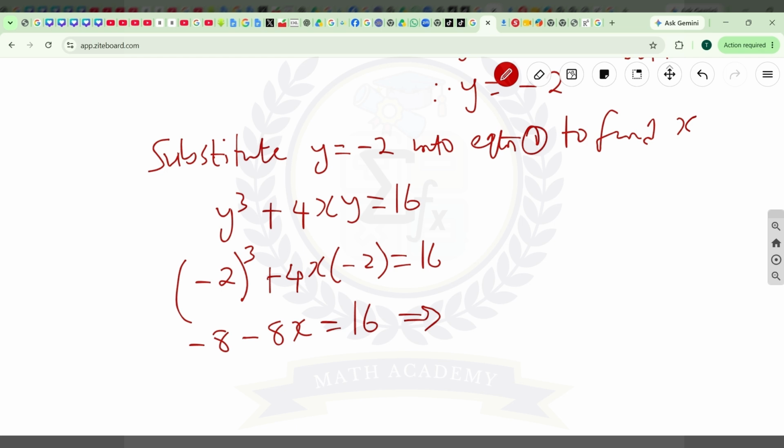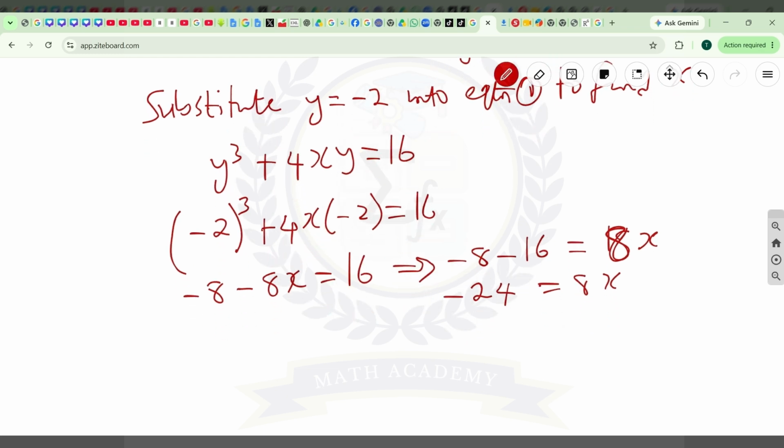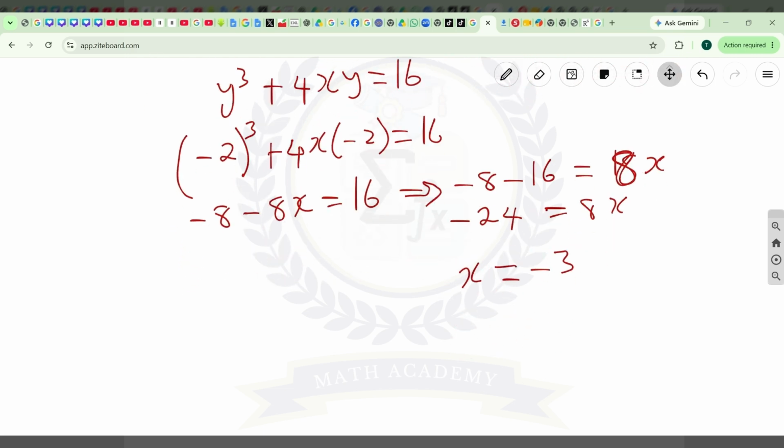Collecting like terms here, this simply means -8x is equal to 16 plus 8, so... this is going to give you -24 is equal to 8x. Dividing both sides by 8, I'm going to have that my x is now equal to -3. Therefore, our x is equal to -3, our y is equal to -2.